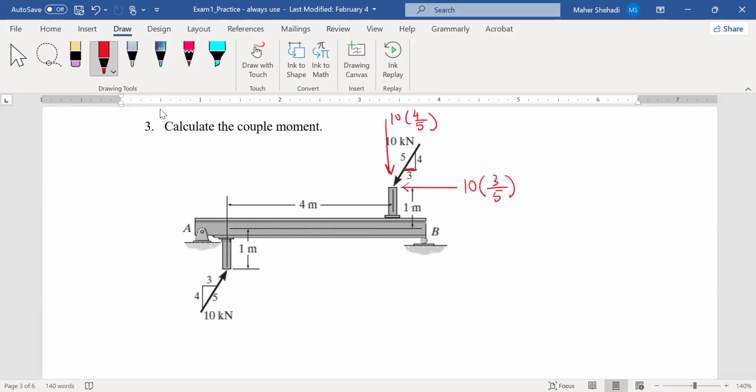If I look now to the left side, I have 10 times 3 divided by 5. And here 10, the y component is 4 divided by 5. Okay. Think about it. Try to find the couple. I just need to grab something and I'll be back in 5 minutes or so.